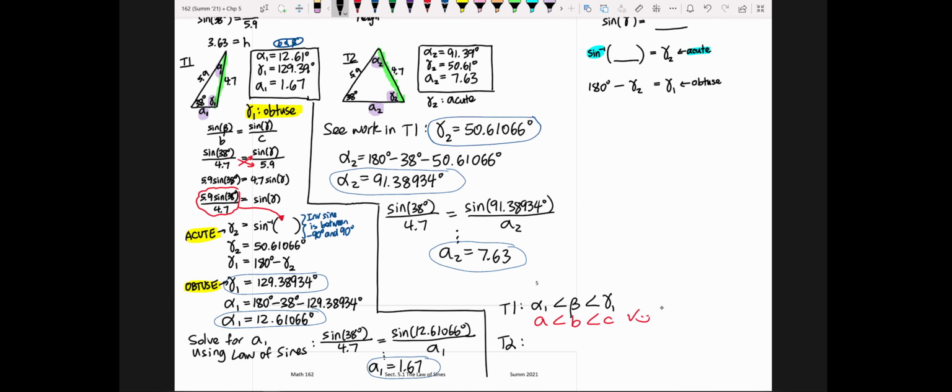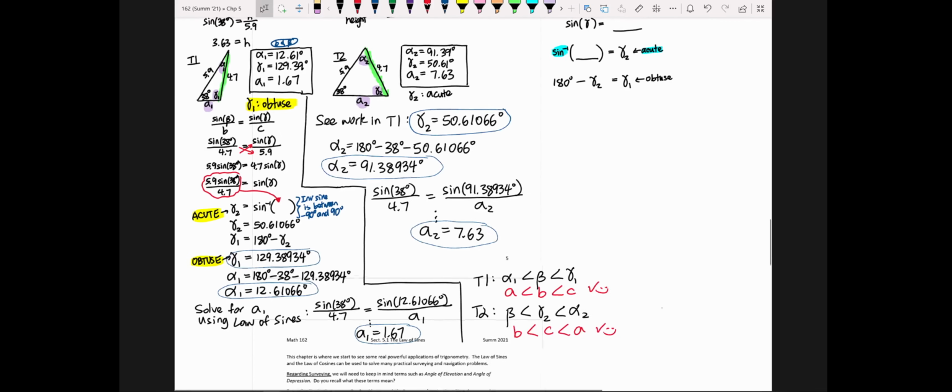Triangle 2. In triangle 2, our smallest angle is beta, and then we have gamma 2, and then we have alpha 2. Therefore, the sides should go from B the shortest, then C, then A. So B is the shortest length, and then C, and then A. 4.7, 5.9, 7.63. That checks out.